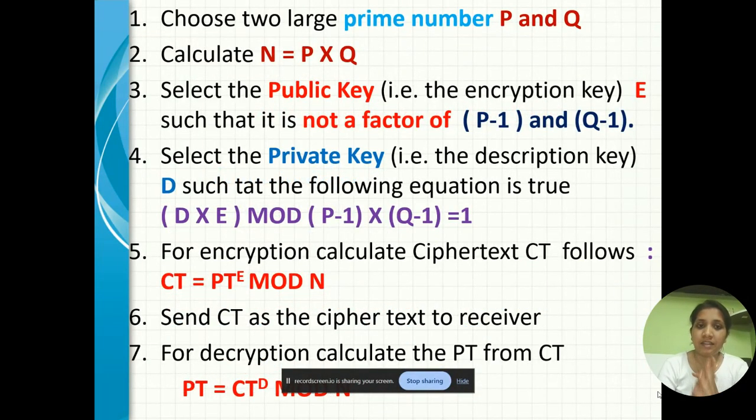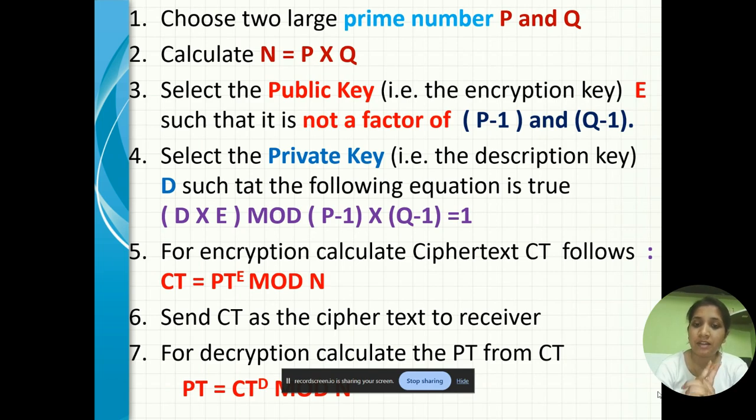So let us see the algorithm. Firstly, we choose two large prime numbers p and q. Calculate n, that is p into q. Select the public key, that is the encryption key e, such that it is not a factor of (p minus 1) into (q minus 1). Select the private key, that is the decryption key d, such that d into e mod (p minus 1)(q minus 1) equals 1.